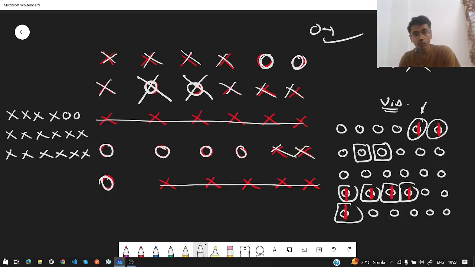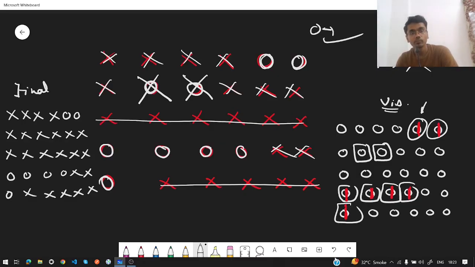Now for the fourth row, 4 zeros and 2 x's, and for the last row, my bad, this one will be 0 and all the remaining ones will be 5 x's. So this is what our final matrix would look like.